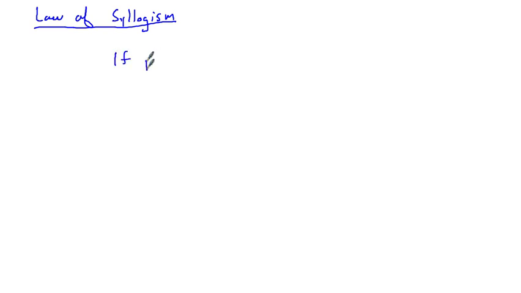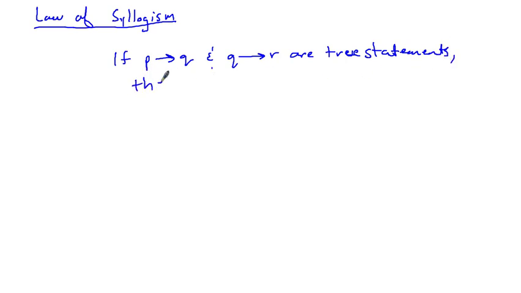It says if P implies Q and Q implies R are true statements, then P implies R is a true statement.